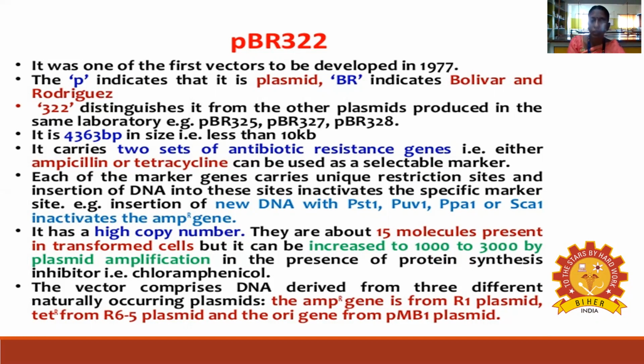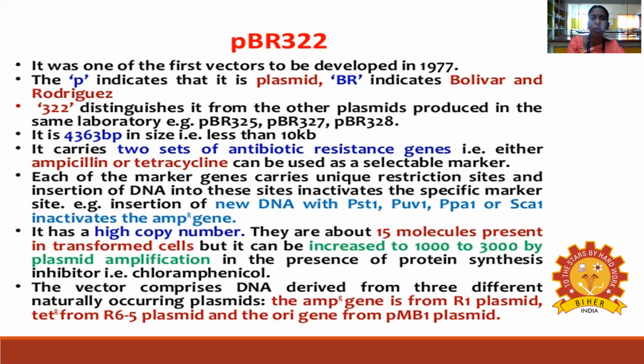Okay, and it has a high copy number. Why are we saying high copy number? Because like a Xerox, there are multiple copies. About 15 molecules are present in the transformed cells, but it can be increased to 1,000 or 3,000 by the plasmid amplification mechanism in the presence of a protein synthesis inhibitor such as chloramphenicol.